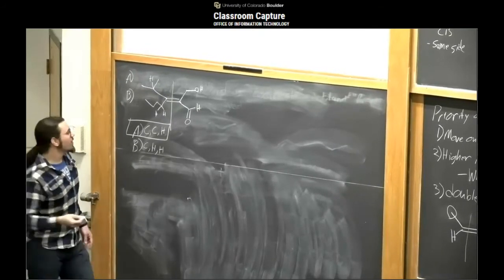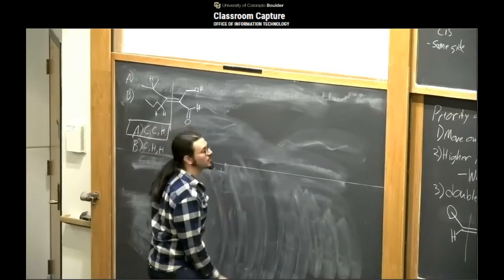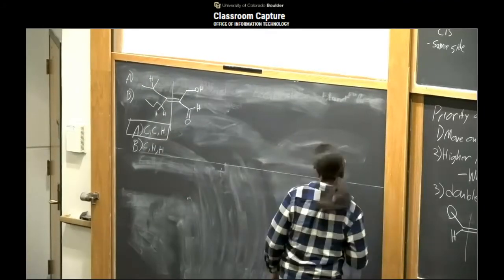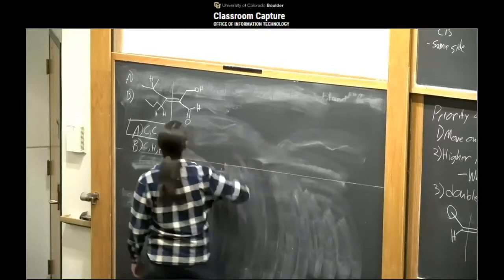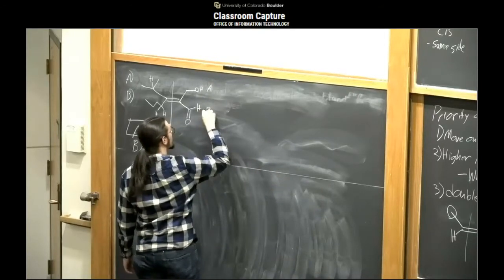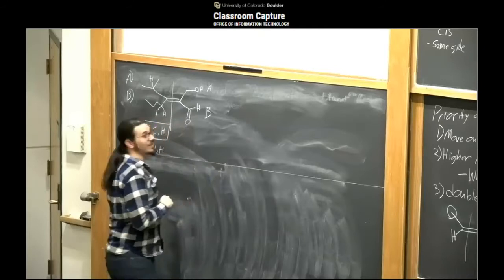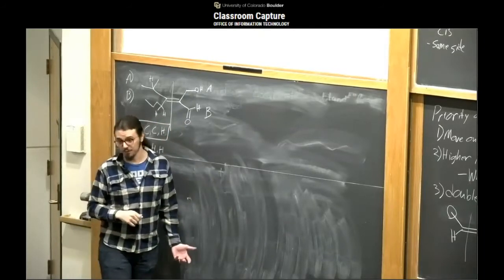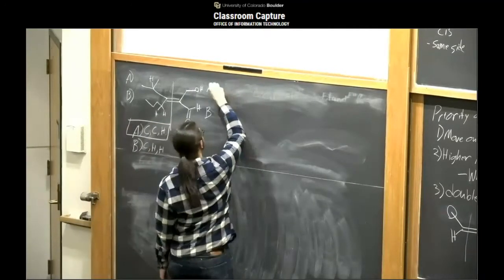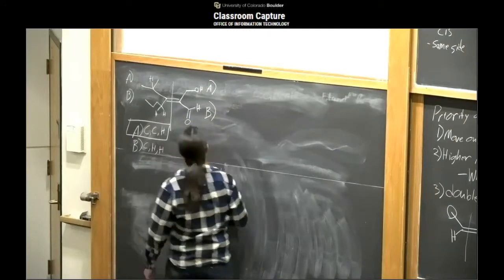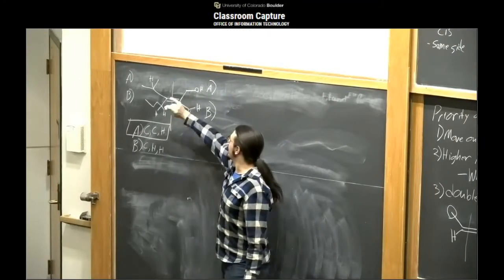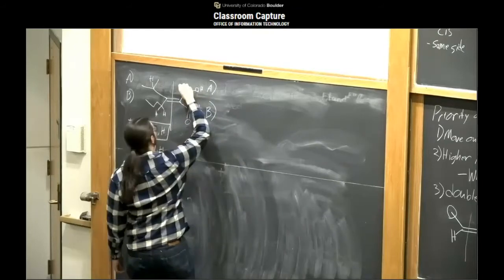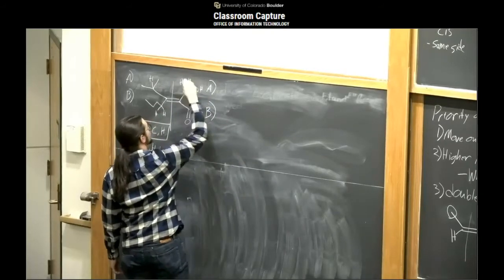Okay, so then on to the right one, which is the first time we see the third rule in priority assignment come into play. I'm going to once again label these groups, group A and group B. From carbon A, we have a bond to oxygen, and then 2 bonds to hydrogen.